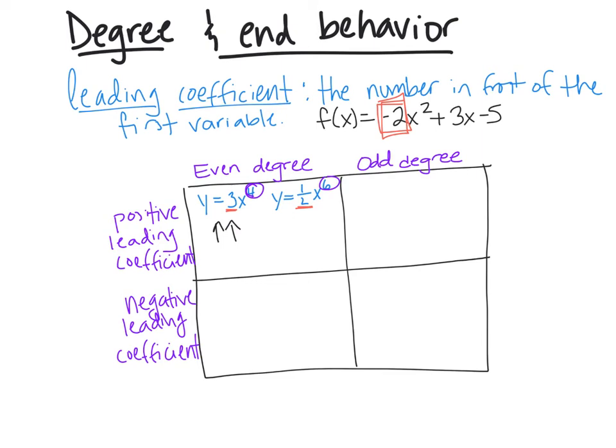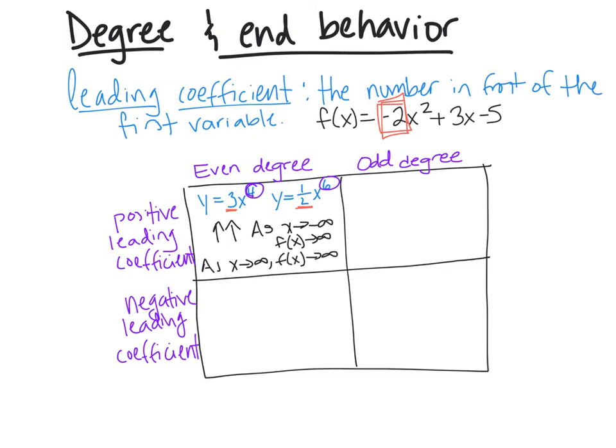So you're going to have both sides going up on your graph. So I drew that in arrows. I should write it out. As x approaches negative infinity, f of x approaches positive infinity, and as x approaches positive infinity, f of x also approaches positive infinity.